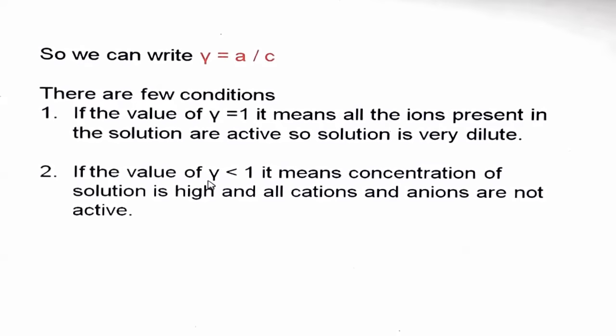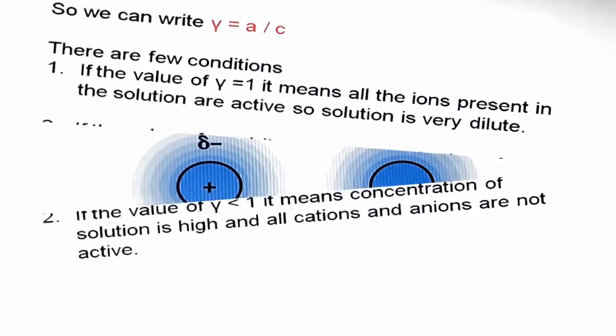If the value of gamma is less than 1, it means the concentration of the solution is very high and all cations and anions are not active. So on the basis of the value of the activity coefficient, we can determine whether our solution is a dilute solution or a concentrated solution.